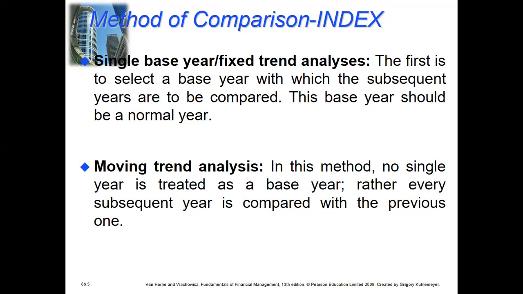When you pick 2022 figures, you compare it to the 2021 figures. And then when you pick 2021, you compare it to the 2020. In that case, because the year that is the base keeps changing, we will say we are doing a moving trend analysis.